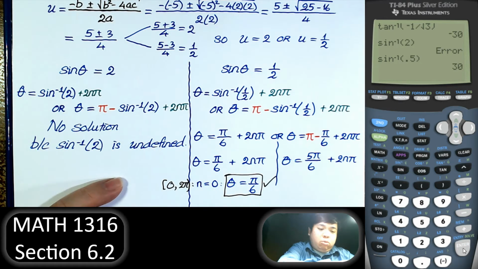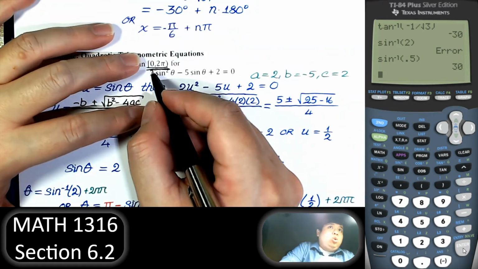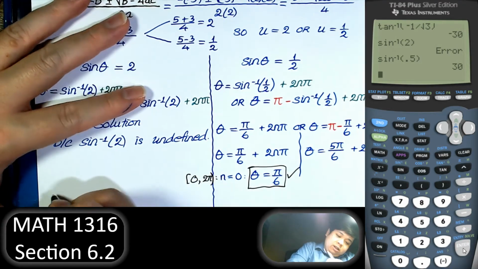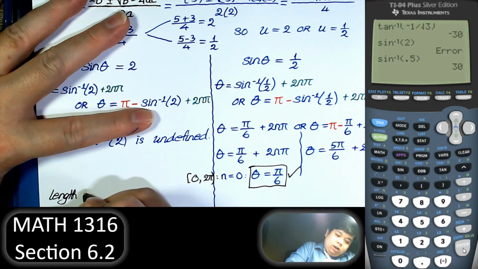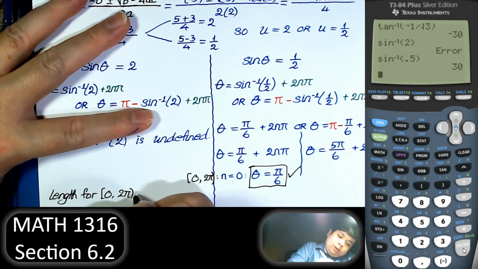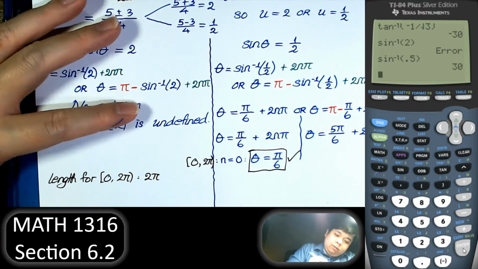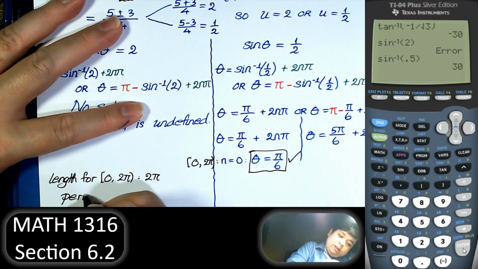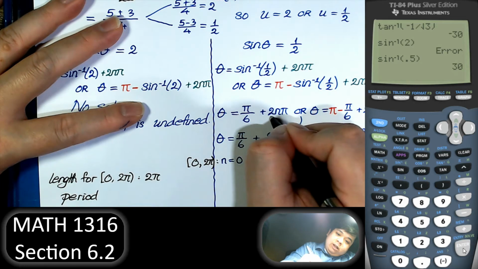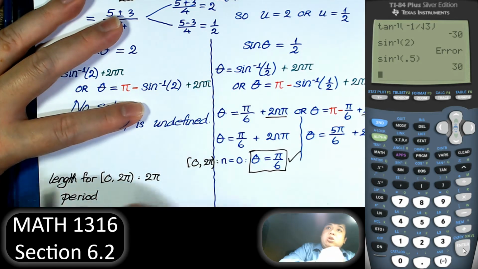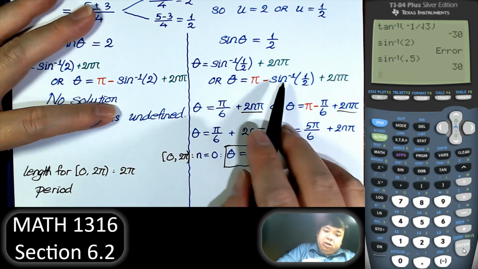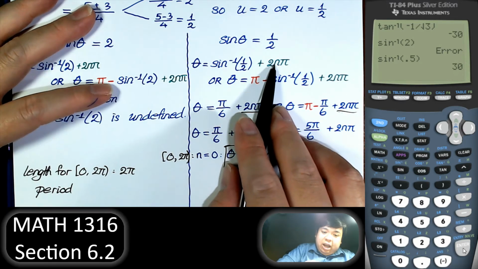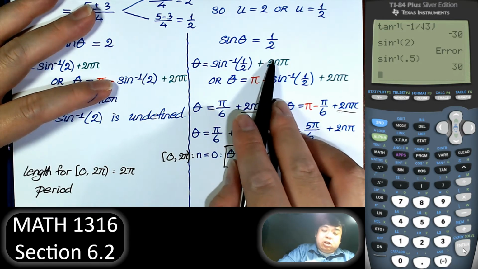So let's look at the problem. The solution between 0 and 2 pi, so the length from 0 to 2 pi is 2 pi. The period for our problem is 2 pi, since the term is n times the period.